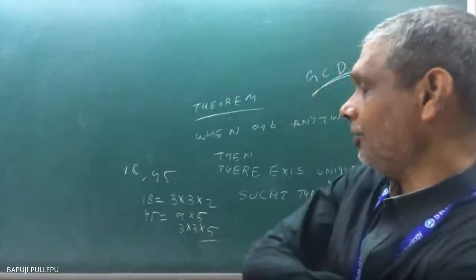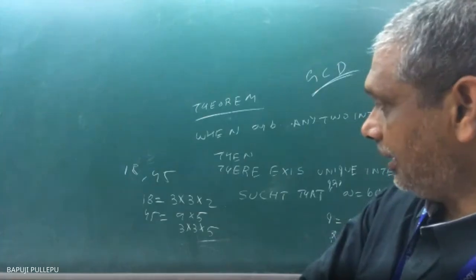The LCM I will find like this, already studied in lower standard. We have to take the common and the other factors also: 3 into 3 into 2 into 5. That will be the LCM. What is the number? 90, sir.